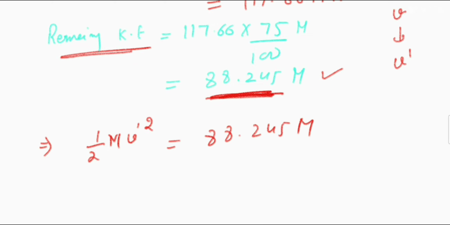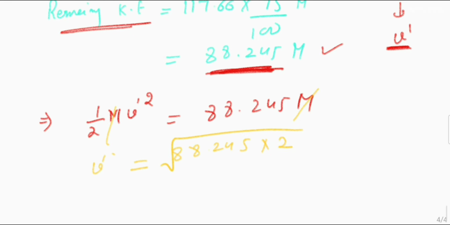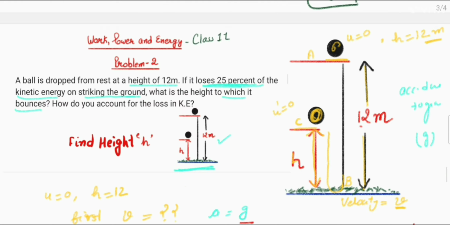Now if we solve this, m will get cancelled. So v prime is equal to square root of 88.245 into 2. If we solve this, we'll get v prime is equal to 13.285 meters per second.